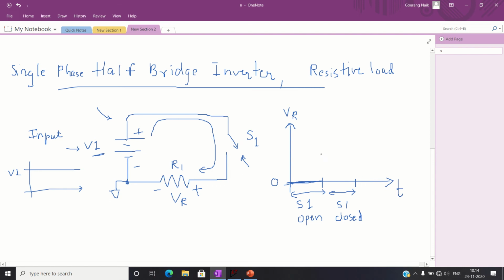So you will have some voltage here, which will be very close to V1. Now I am saying it will be very close to V1. Why? Because there will be some voltage drop across the switch S1, so it will be somewhat reduced. Because there will be a voltage drop across the switch, and the remaining voltage will appear across the resistance.